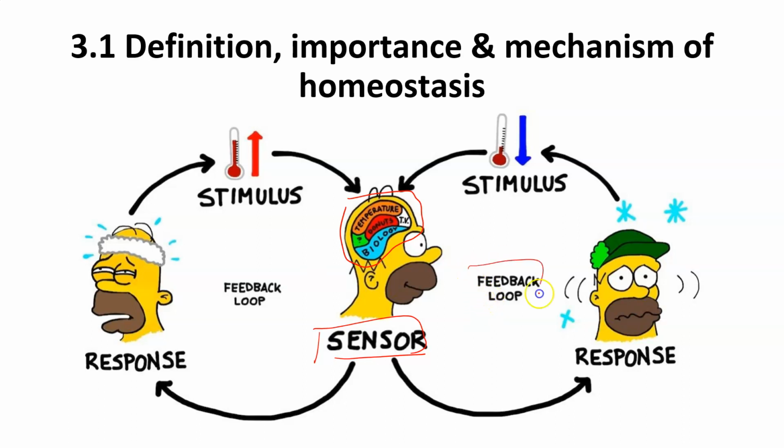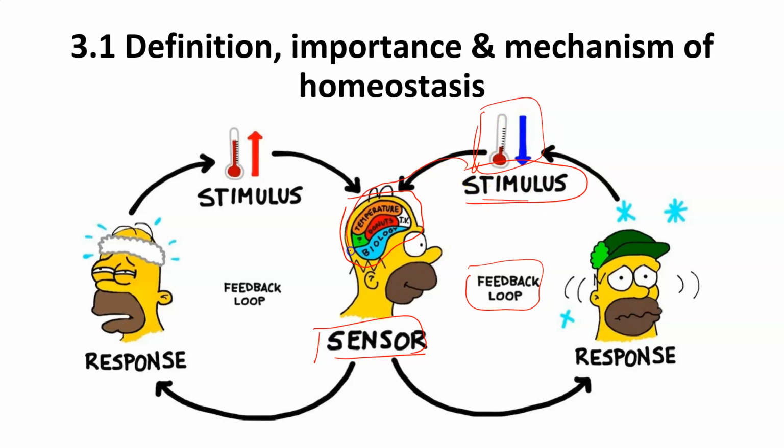Okay, so feedback mechanism. This is the normal, for example, when we are looking at body temperature. So there must be a stimulus. You are in an environment that is really cold, for example. So you are shivering. Stimulus, temperature drops. The surrounding temperature drops. That is the stimulus.